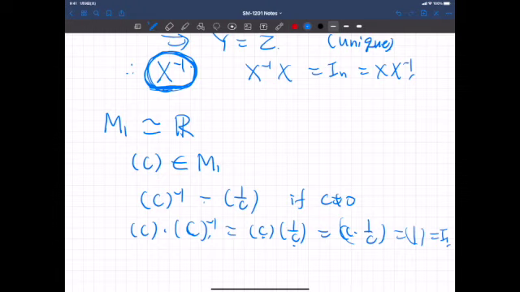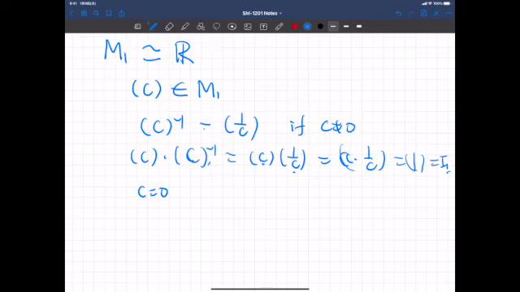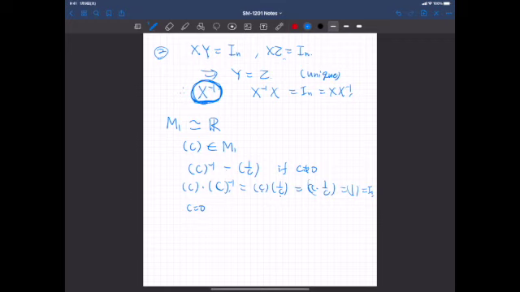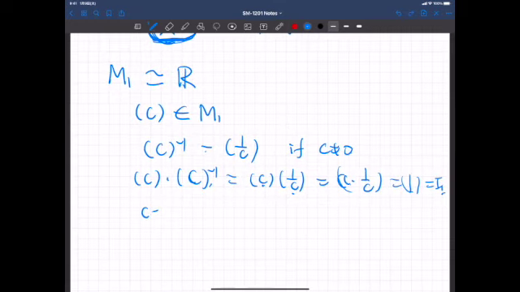Now, by the way, when C is equal to 0, there is no inverse, because whatever the other matrix is, the multiplication results in 0, so it can never be the identity matrix.